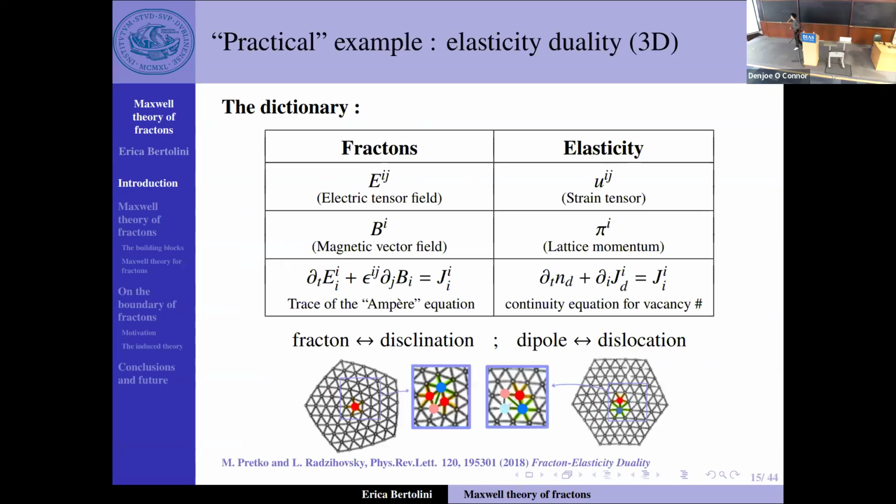Okay. So, this is the nice duality. One can apply this, and there is also a duality in particle content, for which fractons can describe disclinations, and dipoles can describe dislocations, for the reason that a disclination exactly behaves like a fracton.